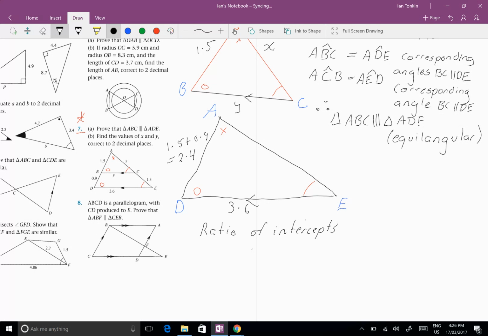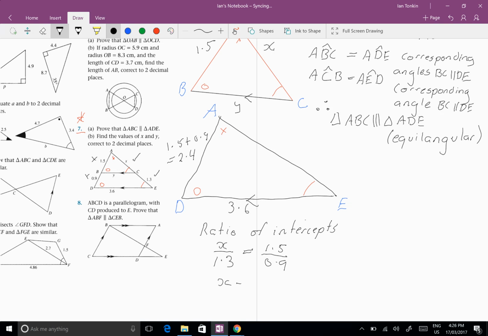And as I said, always put the pronumeral on top. X on 1.3. So this to this equals this to this. They're in ratio, and that equals 1.5 on 0.9.